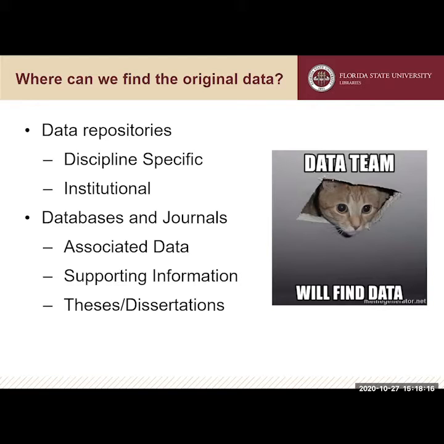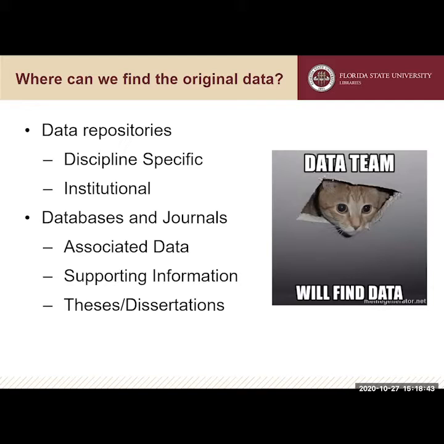You'll see this as associated data, or just data sometimes. And we'll show a couple examples of that. Not all databases have this at this point, but more and more of them are starting to offer it as an option.